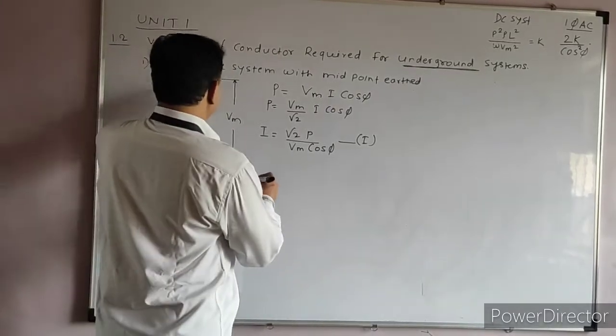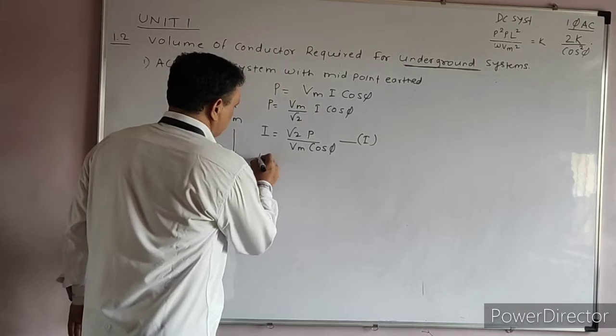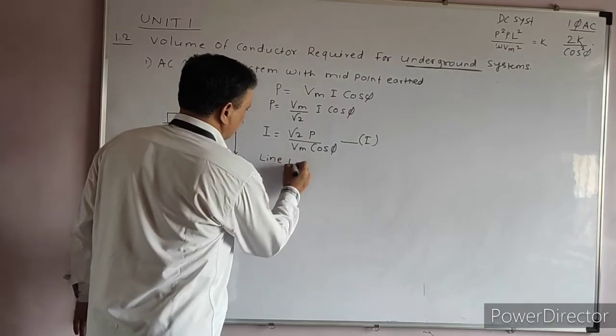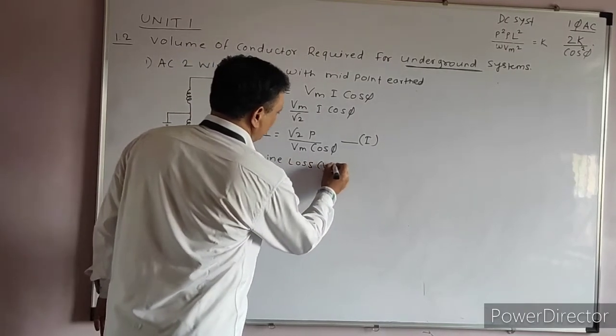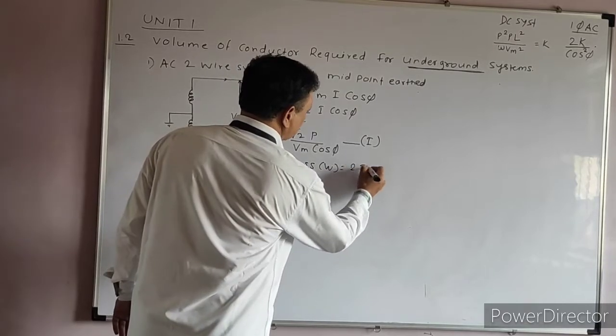So total line loss, as there are two conductors, will be equal to 2I²R. So line loss, that is W, is equal to 2I²R.